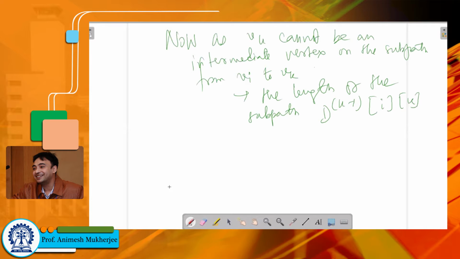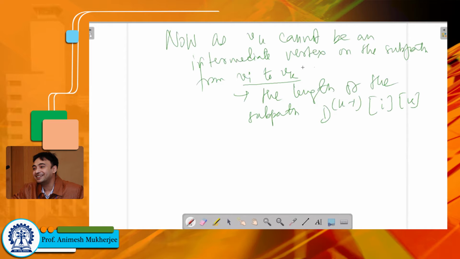Why? See, from Vi to Vk, we are actually computing the shortest path from Vi to Vj, and this shortest path has Vk as an intermediate vertex for all such shortest path constructions from Vi to Vj. Okay, this is our case 2.